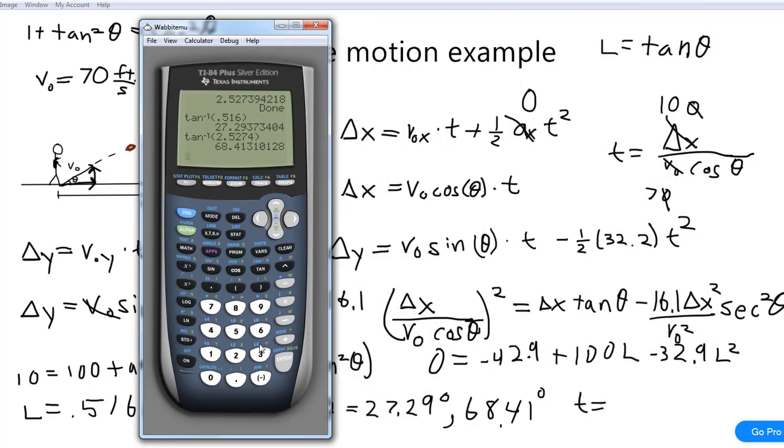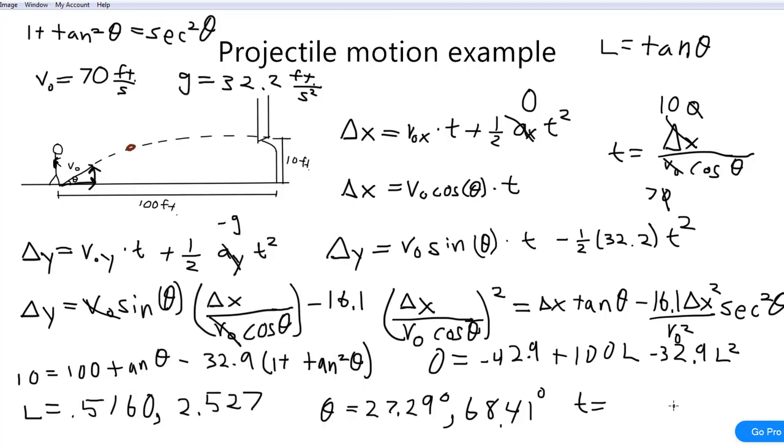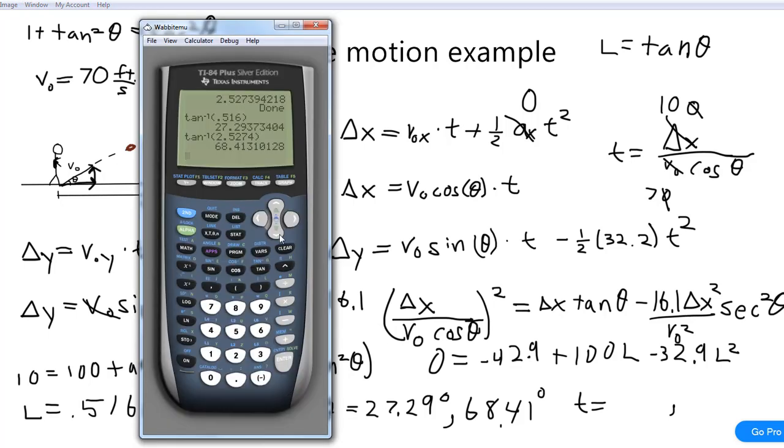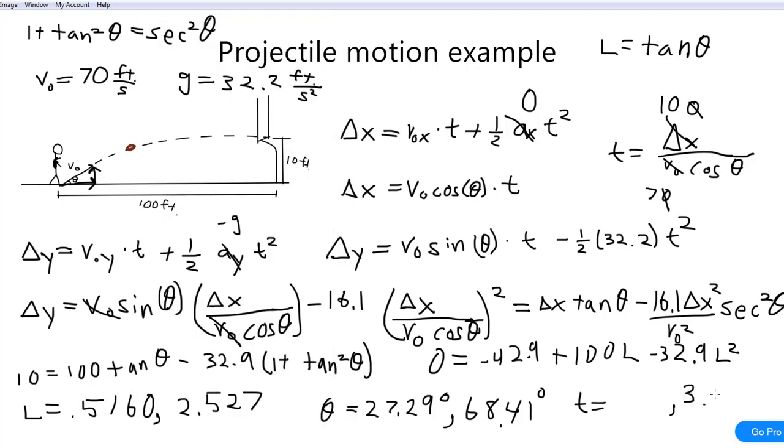So it's going to be 10 divided by parentheses 7 cosine second answer, and then you get 3.88 seconds.